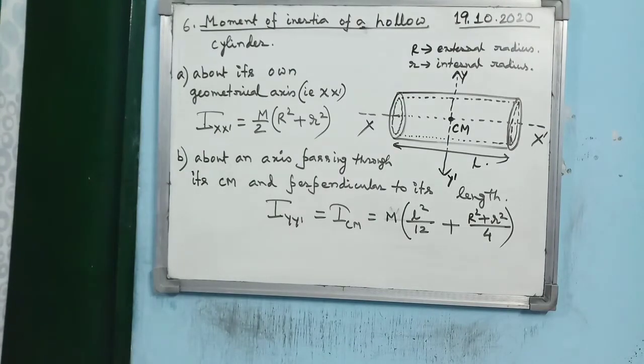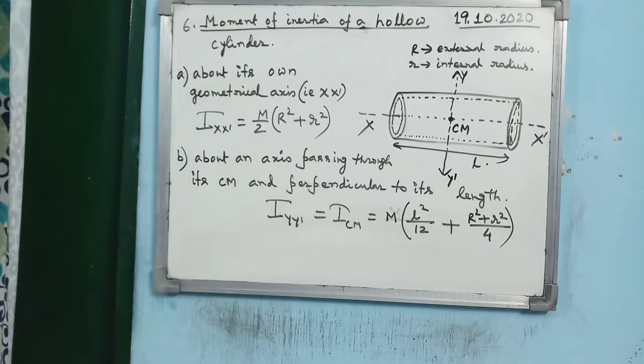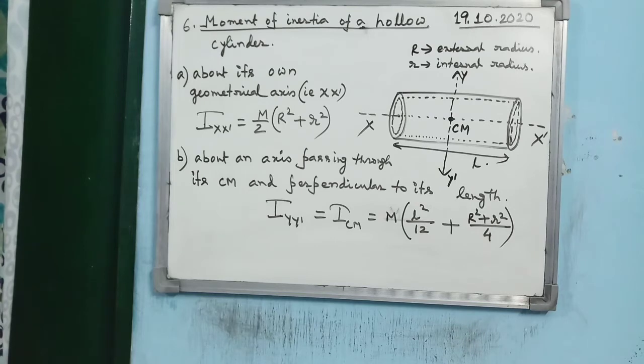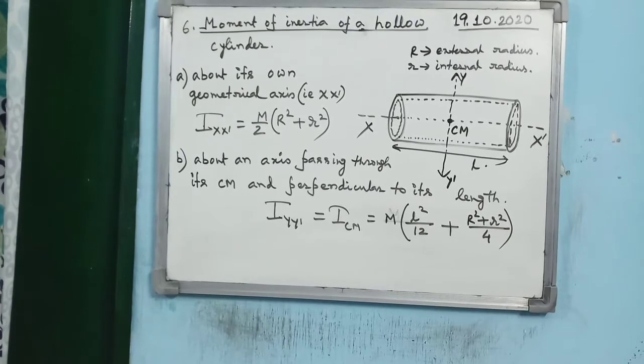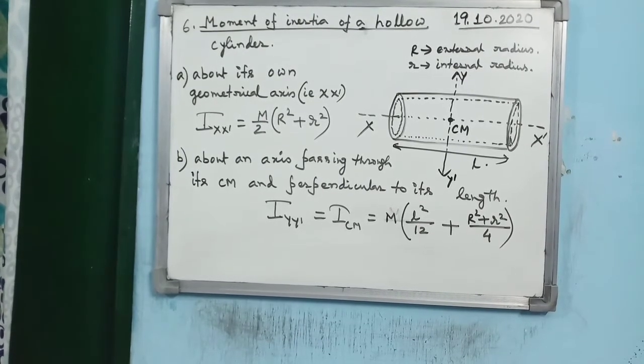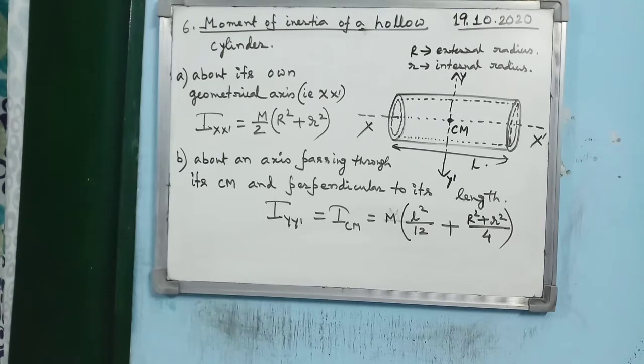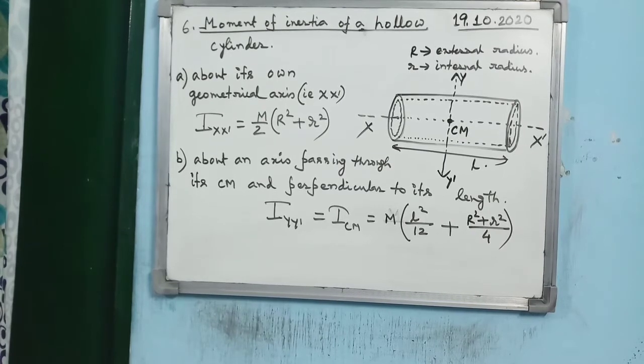So many new formulae you are learning. Until and unless you write it and practice it several times, you will not be able to remember the formulae. So I request everyone, please learn, practice and remember all the formulae for moment of inertia, especially the moment of inertia about an axis passing through the center of mass, that is ICM.